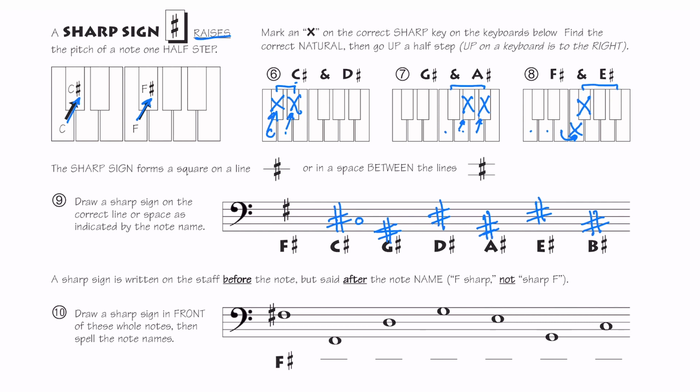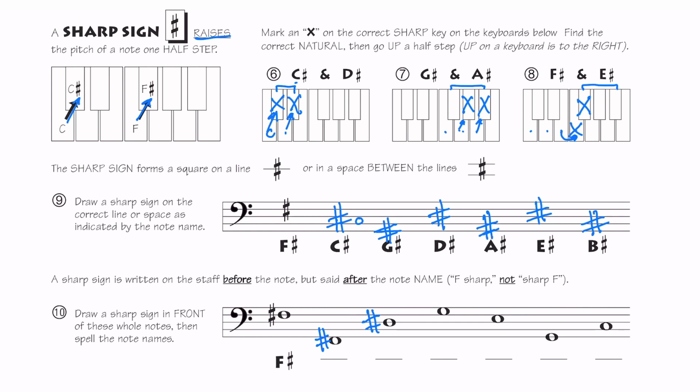Now we're going to draw a sharp sign in front of the note, but spell the note name with a sharp sign after. Let's draw all of our sharp signs first. Now you want to make sure that the sharp sign is in the same space or line as the note, okay? We don't want to put a sharp sign up here when the note is down there.